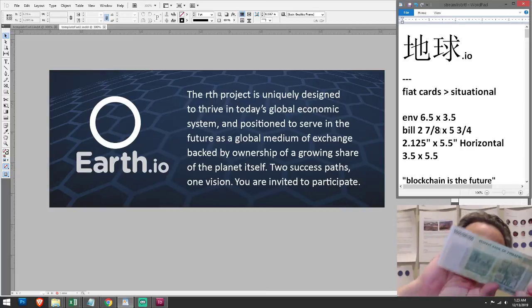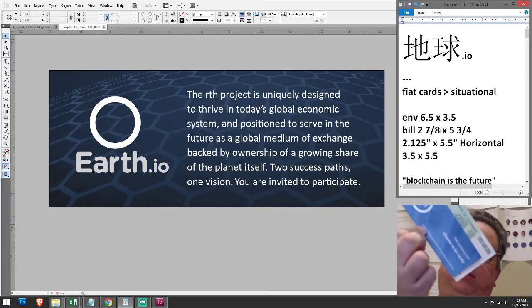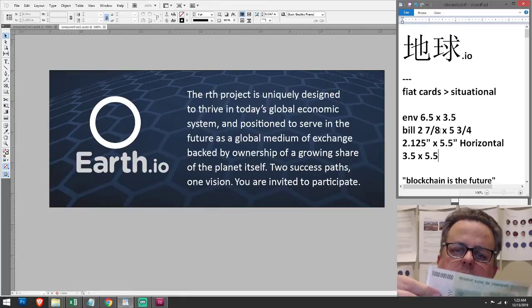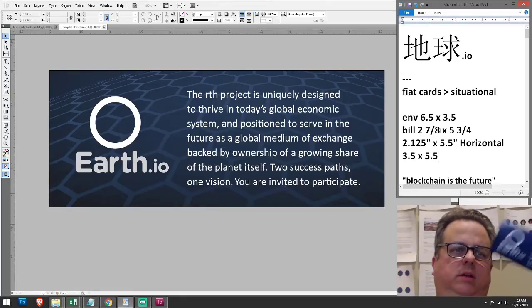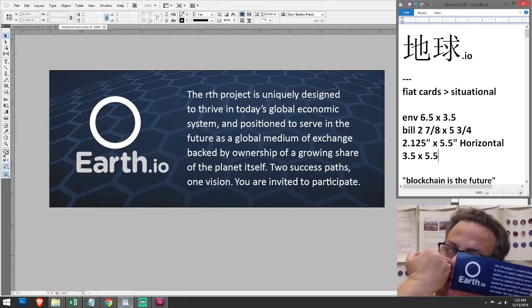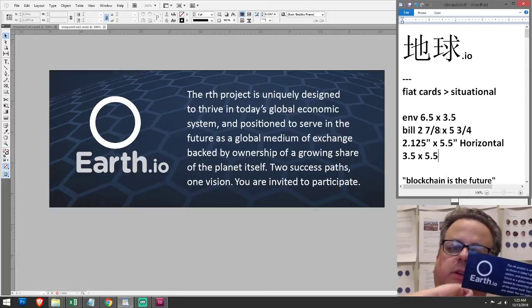Which it might be better. I mean, it might be better just to keep this size. I like the dimensions of it. It's kind of a unique size.